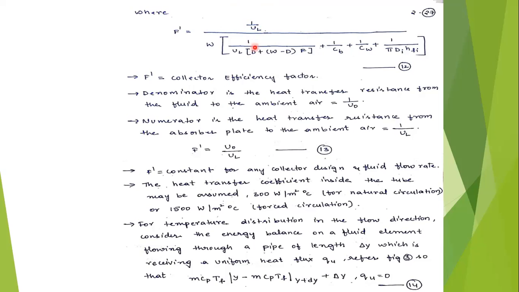So if you substitute, F dash is equal to (1 by UL) by (1 by U naught), and you get F dash is equal to U naught by UL.